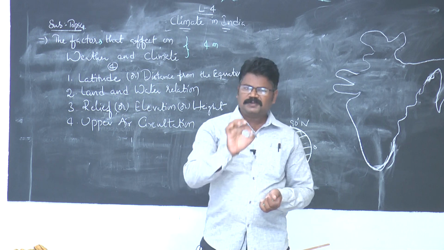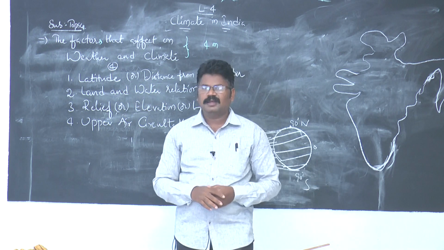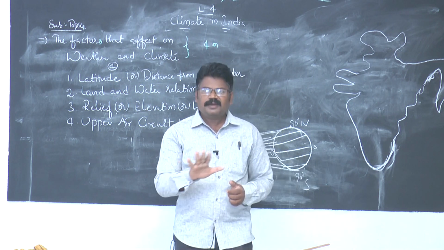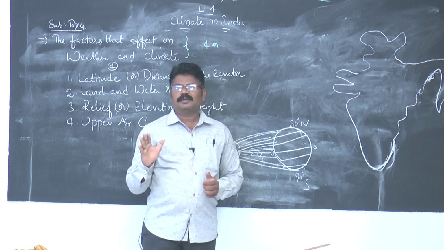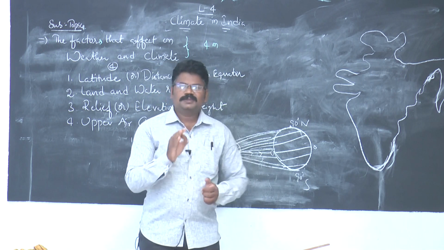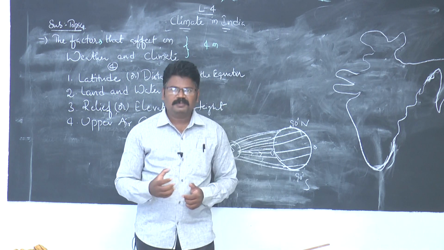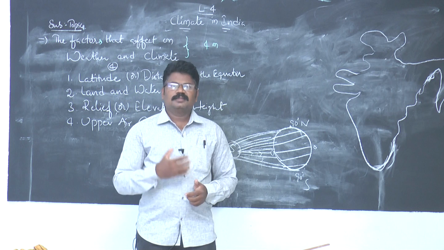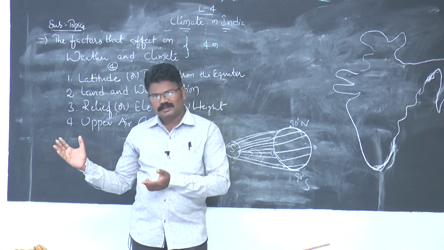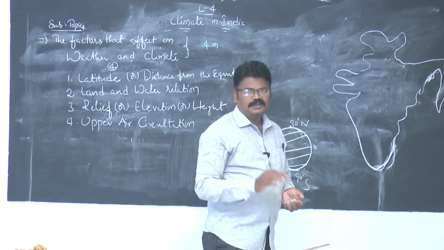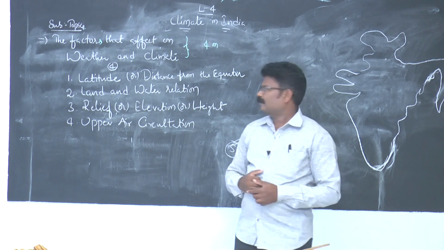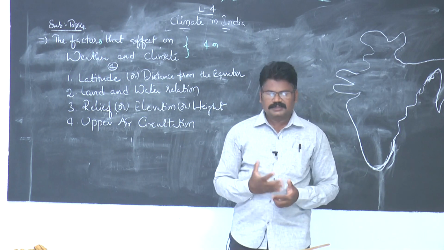When you observe clearly, there are 2 kinds of lines drawn, on either the map or the globe. These lines are drawn by mankind, so we call them imaginary lines. Some lines are drawn horizontal, some lines are drawn vertical. These 2 are named latitudes and longitudes.